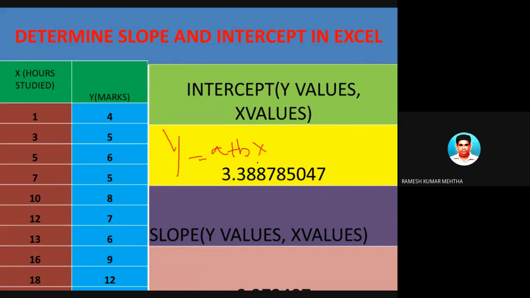And in this case, the value of the constant is 0.372 and the value of b is equal to 3.38. I told you how to do regression using Excel.